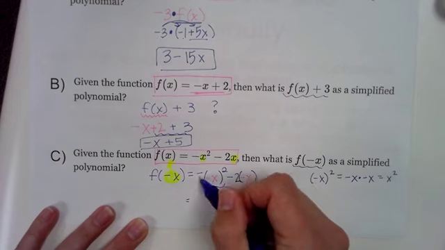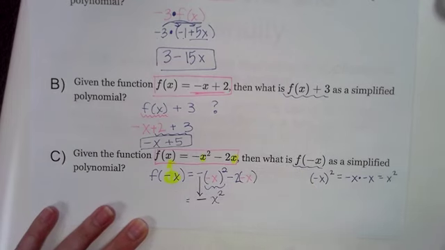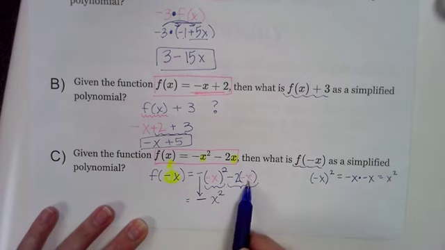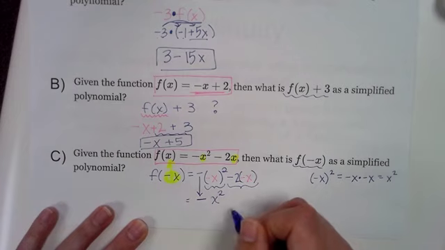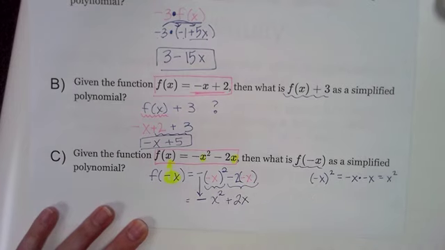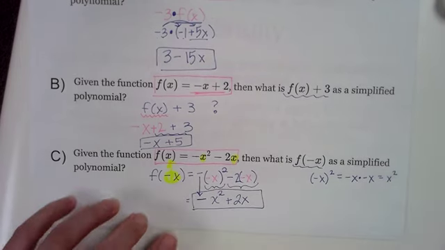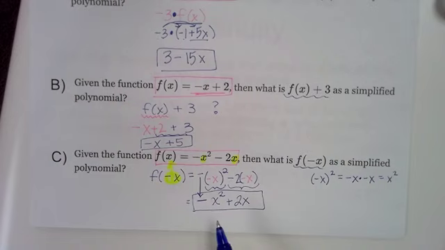But there's still this negative hanging out in front. Here we can multiply negative 2 times negative x. What's that give you? Positive 2x. And this is our simplified answer. So being very careful, this is probably the weirdest thing. Okay.